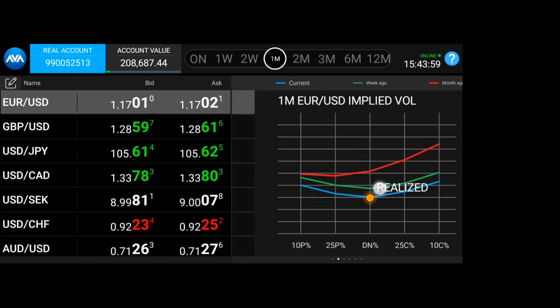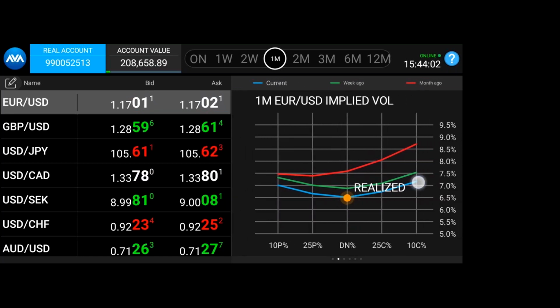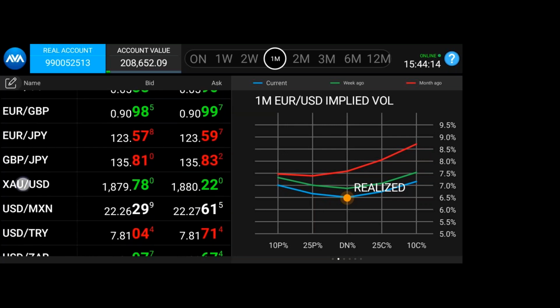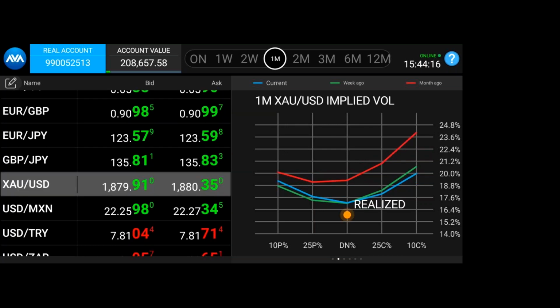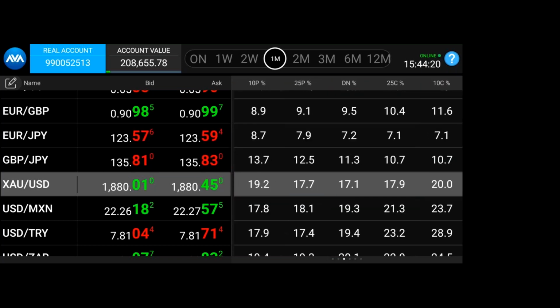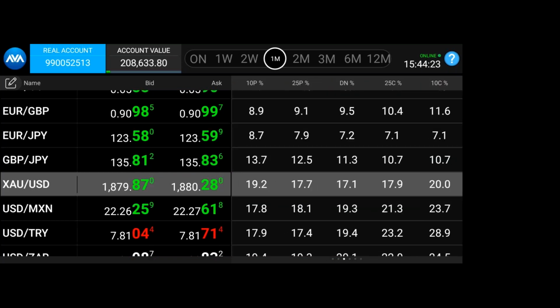And an out of the money call, like a 10 delta call, has higher volatility, and an out of the money put has higher volatility. A month ago, that skew, that shape was a little bit more extreme. If we look at something like gold, you get much more skew, and volatilities are much higher. You can see the numbers behind that chart on the next panel.